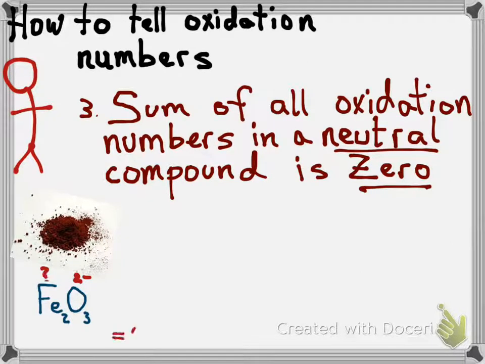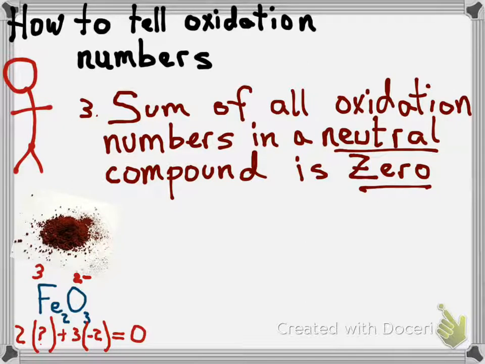So if you have a pile of rust, for example, and we have this formula, Fe2O3, and we're assuming we have this formula written correctly, then we know that the sum of the oxidation numbers must be 0. So we see 3 of the -2 ions plus 2 of the iron ions.